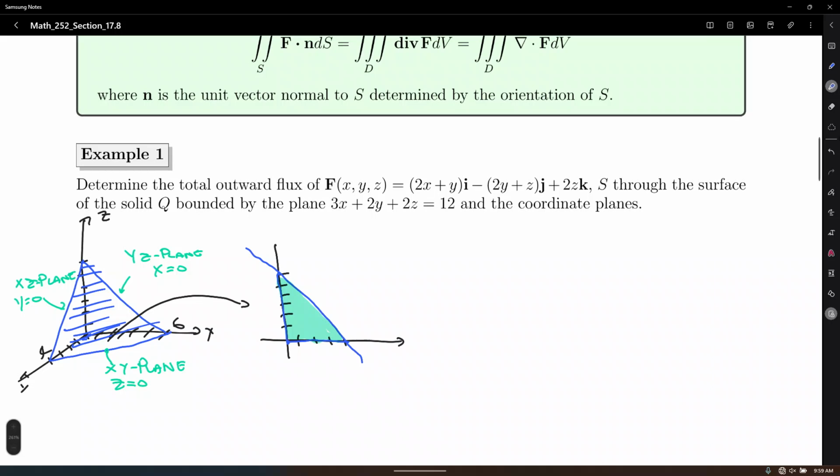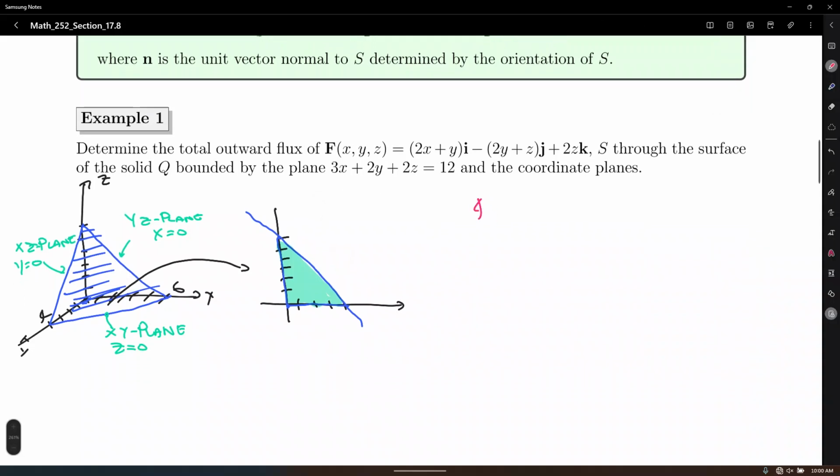Do you guys agree that we would need to find the flux across this plane right here? Also, the flux across the plane at the bottom. Also, the flux across the YZ plane, this wall, and also the flux across the XZ plane.